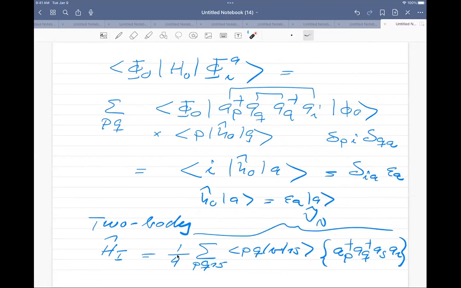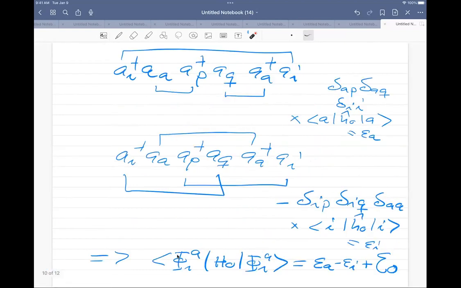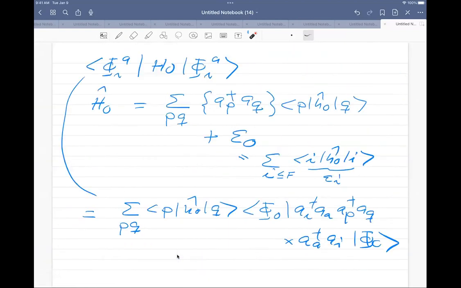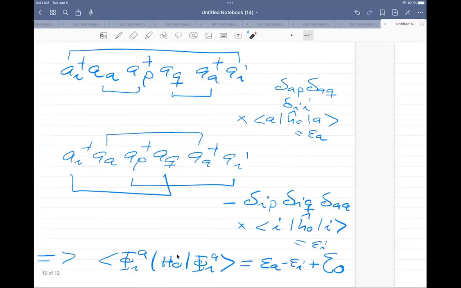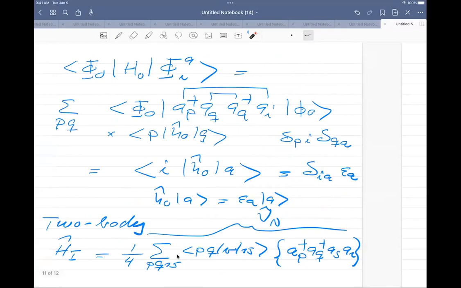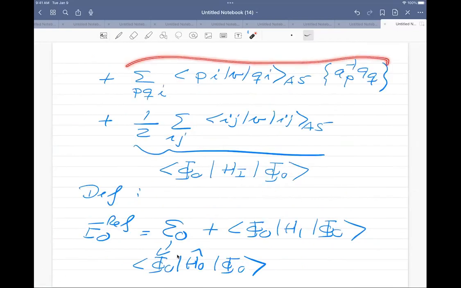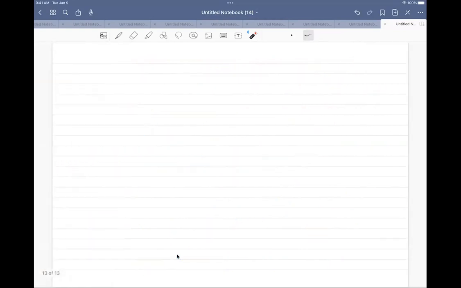So I'm going now to use the old definition of H0, which contains this term. And I'm going to add to that one this new term, which comes from the two-body interaction, but normalized to the new reference state. That means that what I will do now is to redefine H, the Hamiltonian which we had.